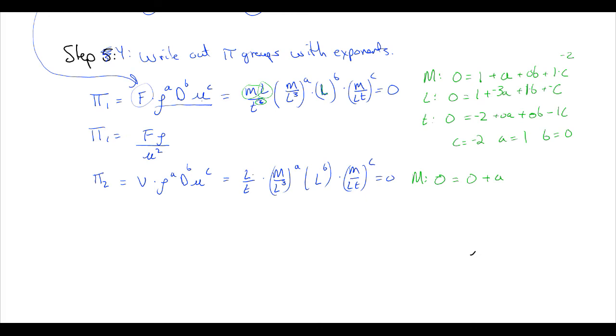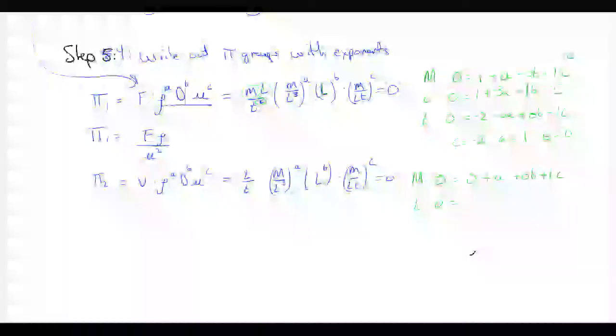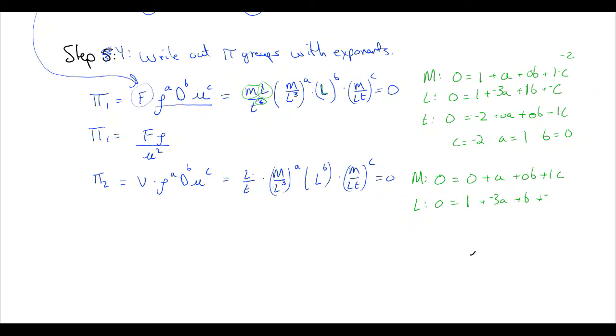We have a 1 plus, and now we have an L to the negative 3A, so it'd be a negative 3A, plus B plus negative C. And now at time, we have 0 is equal to, we have a T on the bottom, so we have a negative 1. We have nothing for A.